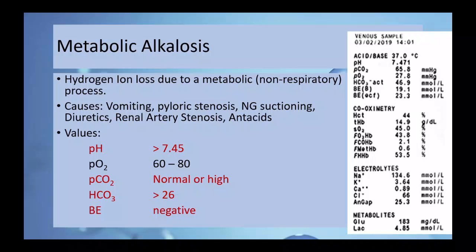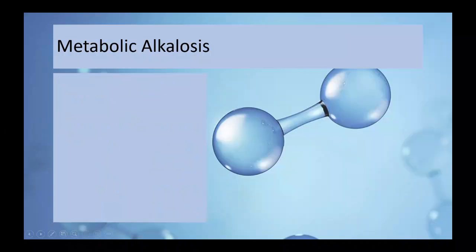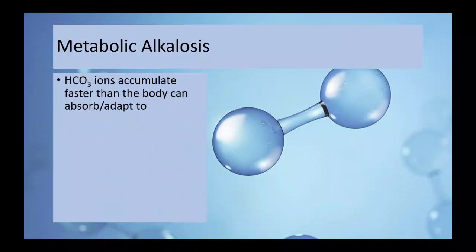The CO2 is helping keep this just outside the normal range. The takeaway message here is the pH and the bicarbonate are moving in the same directions. That's the takeaway. That's metabolic alkalosis.